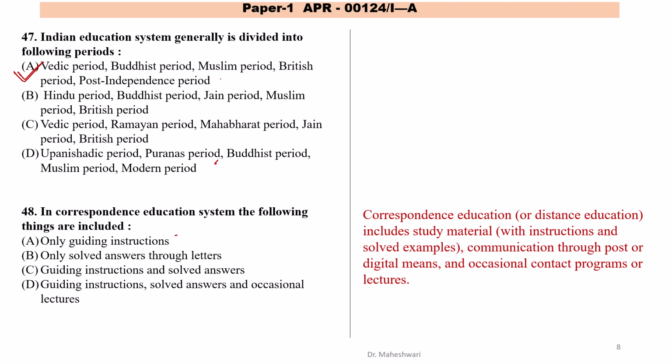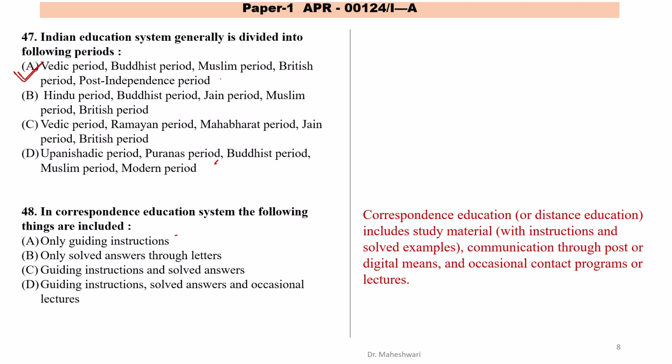Then the next one is, in the correspondence education system the following things are included. A correspondence or distance education system includes study material with instructions and solved examples, communication through post or digital means. What are the options given?